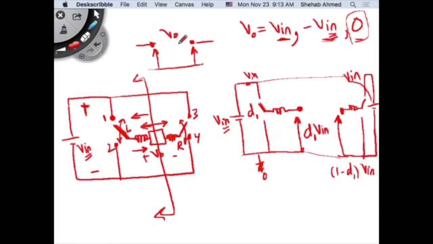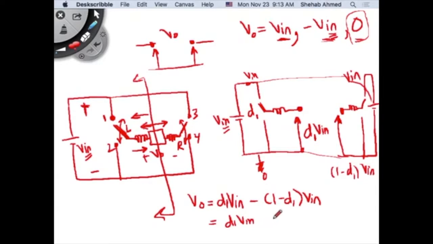So what is V output? V output is the difference between the two. So V output is equal to D1 times V input minus 1 minus D1 times V input. So it's equal to what?